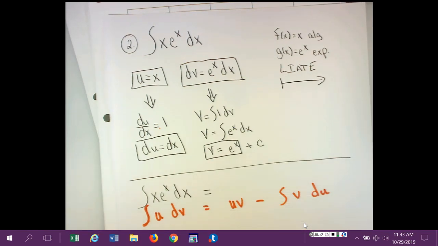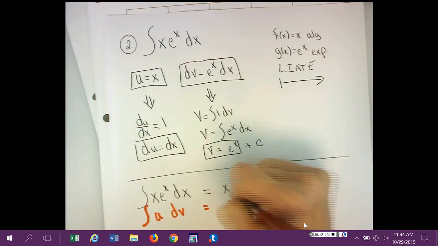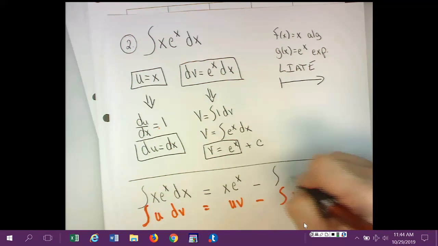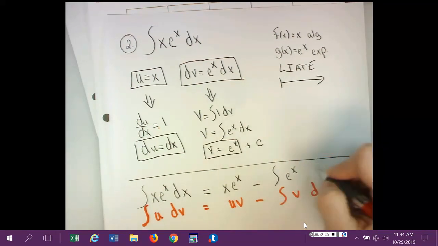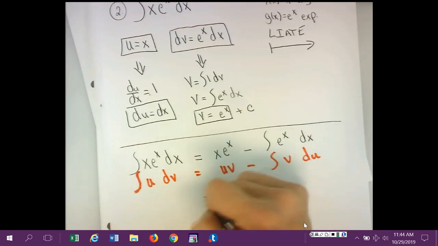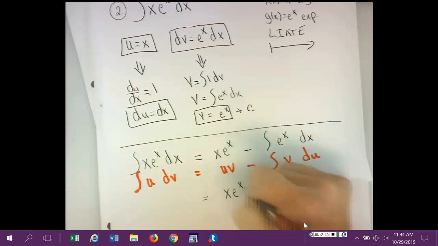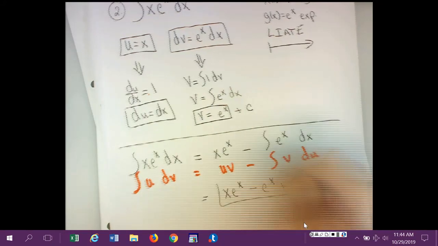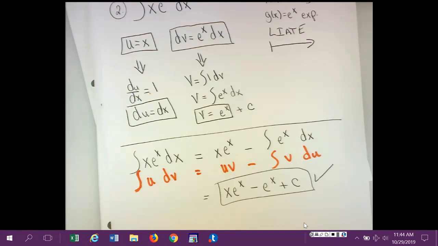So I can plug in: u times v is going to be x e to the x minus the antiderivative of v, which is e to the x, du, which is just dx, according to your box. Final answer is very simple, x e to the x minus e to the x plus c. And that was problem number 2.